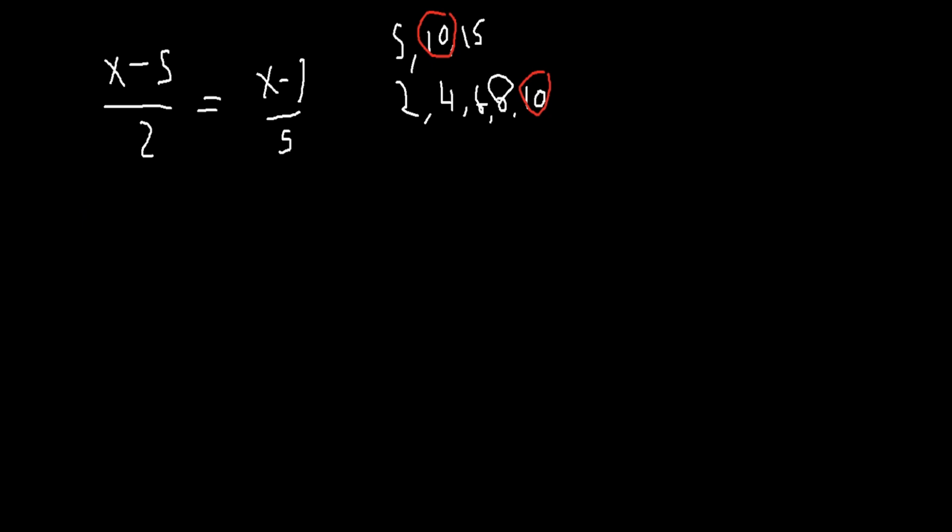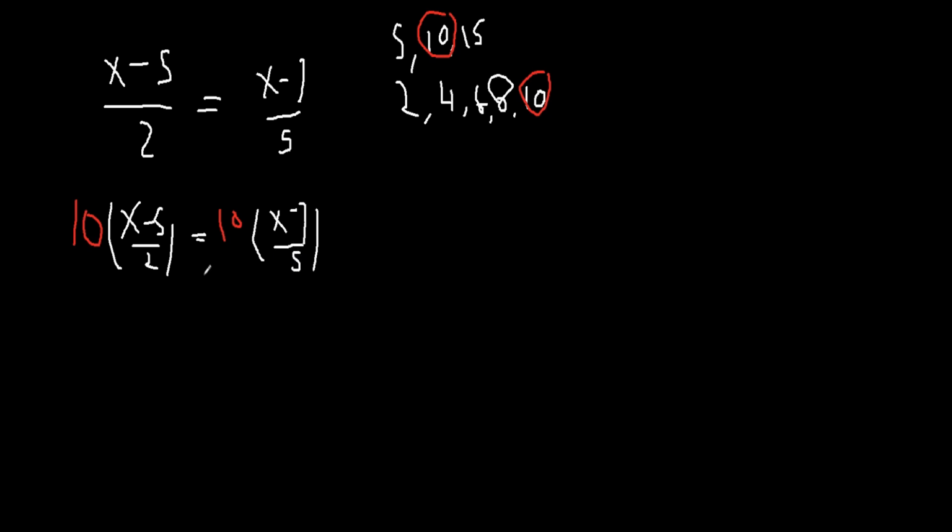So if we do that, we get 10 times x minus 5 divided by 2, and that equals 10 times x minus 7 divided by 5.